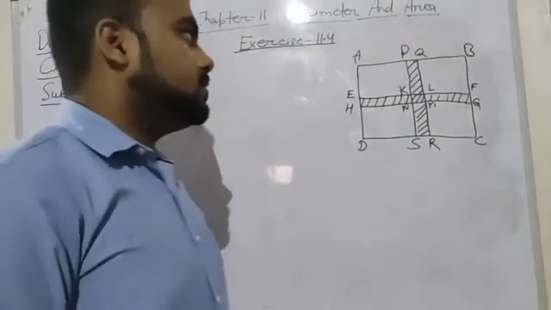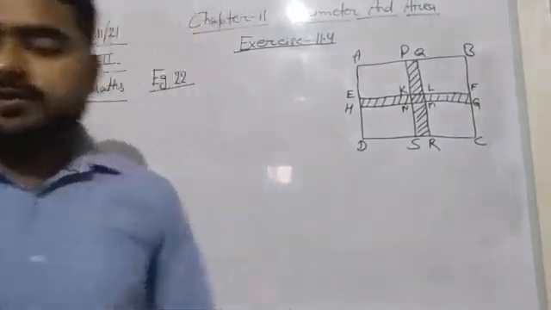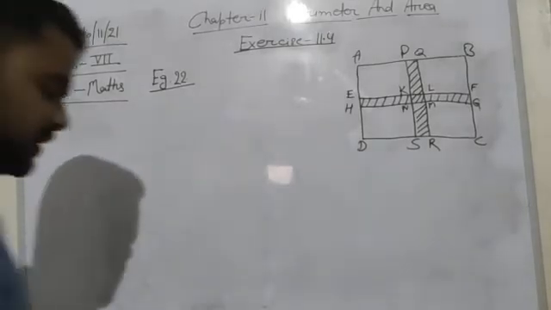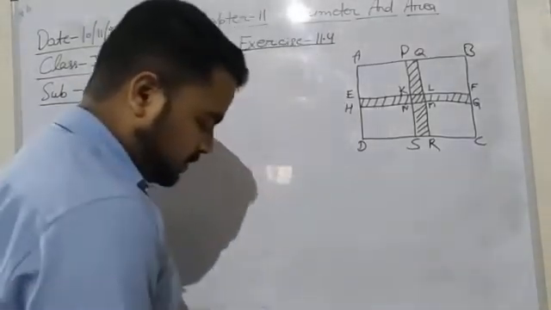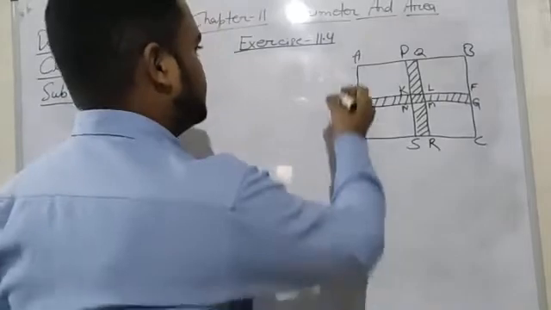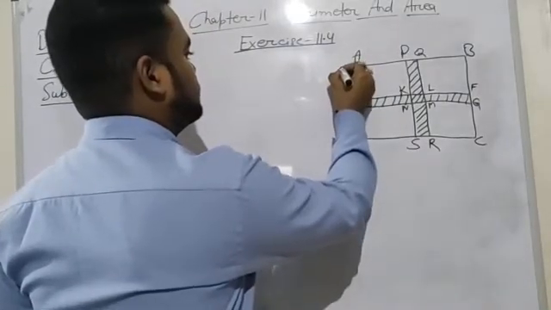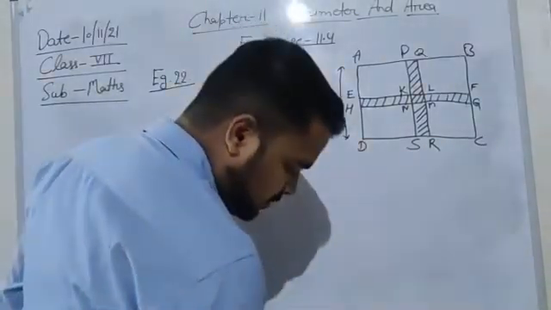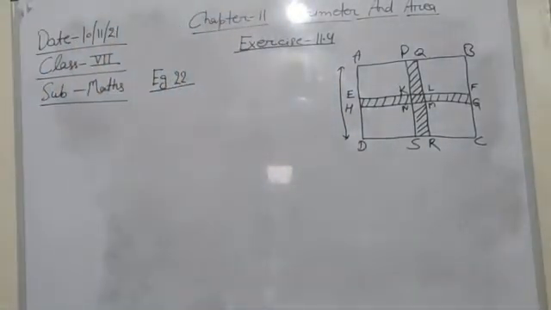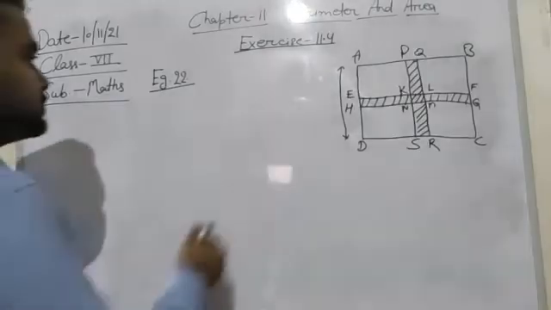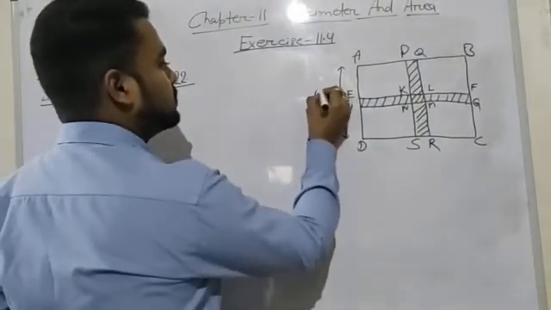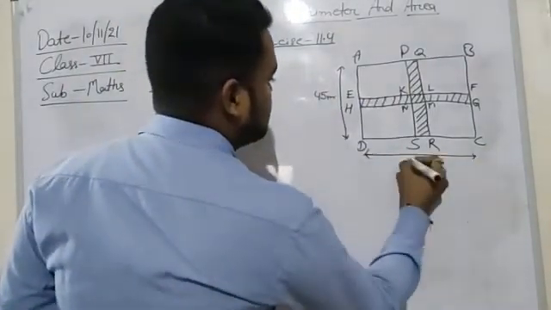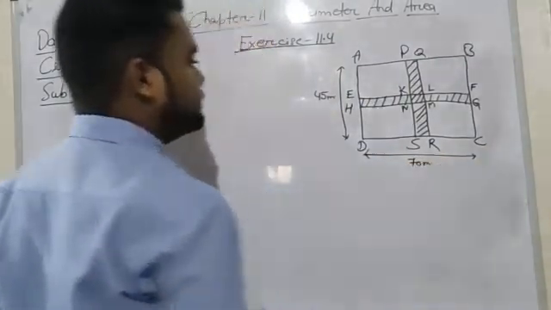First, I will explain it orally. Then we will do it in written form. And before that, we have to write the measurements. The width of this rectangular field is 45 meter, and the length is 70 meter.